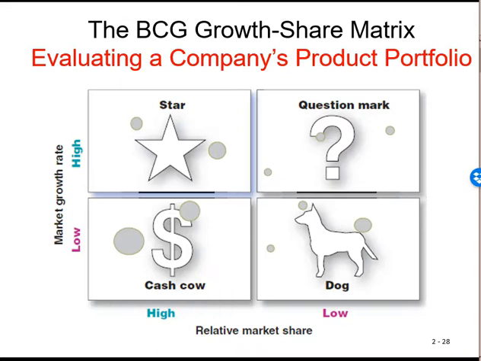So this is the relative market share component. And it's relating your product to the growth rate of the market as a whole. Let's talk about each of these categories in turn.